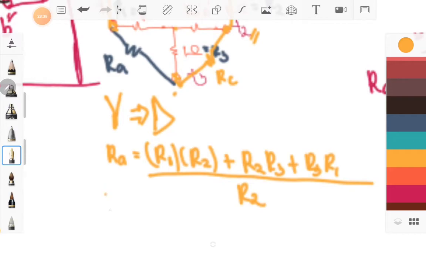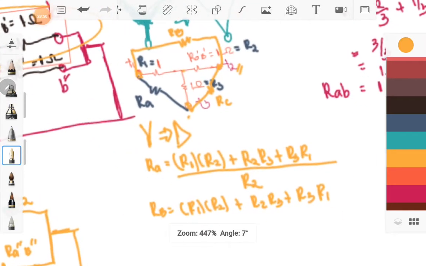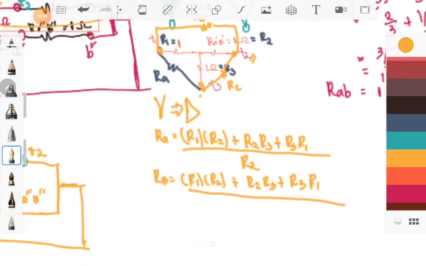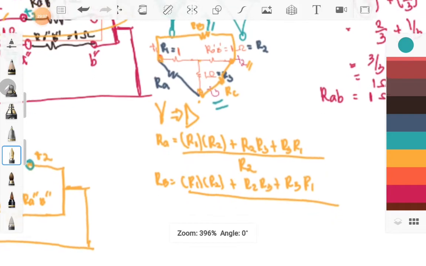And also, your RB is equal to R1 R2 plus R2 R3 plus R3 R1 divided by the resistance opposite to it, or with no connection to it. Where is our RB? This one, which is basically equal to R3.